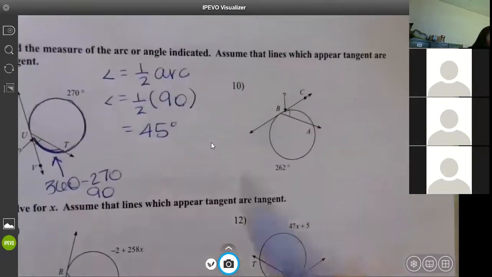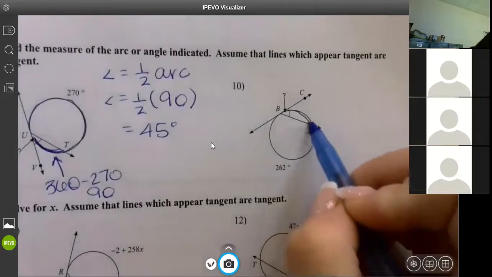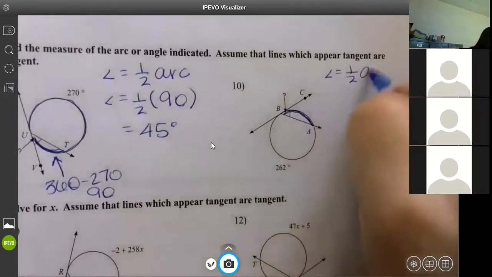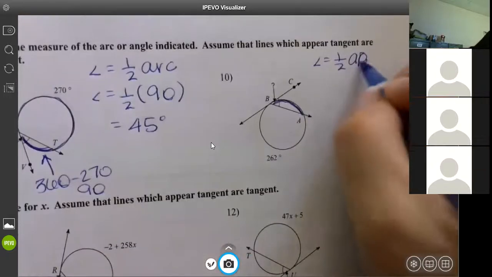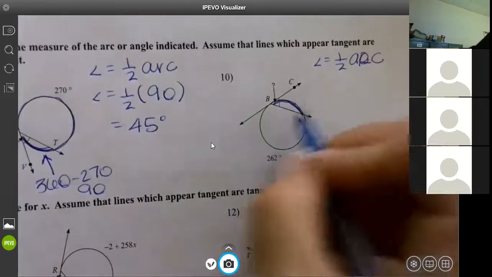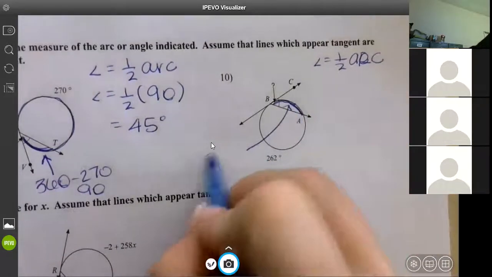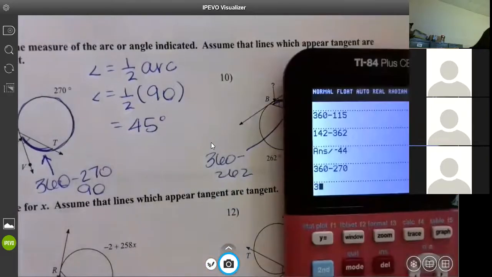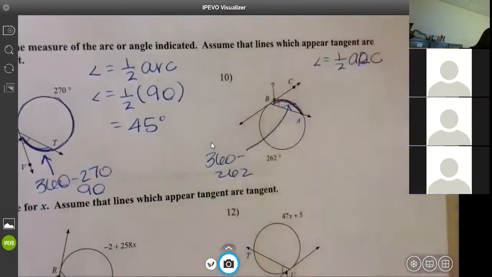Same thing on the next one. There's only one arc inside. So we're doing angle equals half of that arc. Sorry. How do I find that arc? So 360 minus 262 is 98.